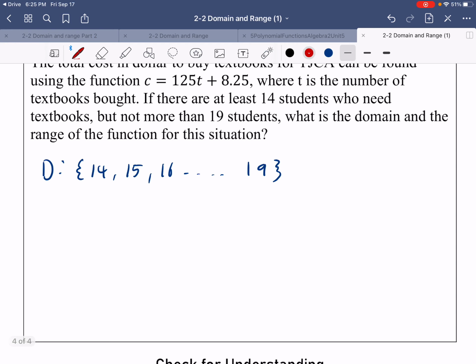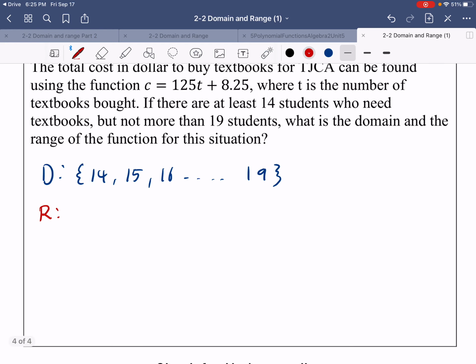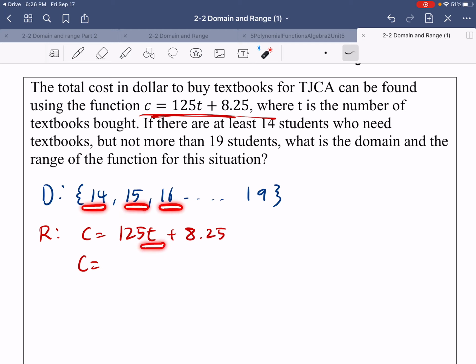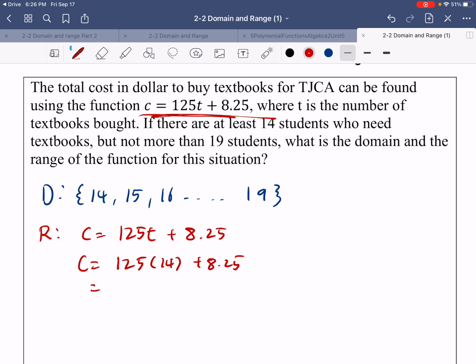For the range, it's pretty simple as well. You're gonna use this equation. C equals, given to us, 125t plus 8.25. Now, you have to find y values. So to do that, instead of t, you're gonna substitute every single one of these numbers. So it's gonna be 125, and instead of t, you're gonna put 14. Just like functions that we did before.